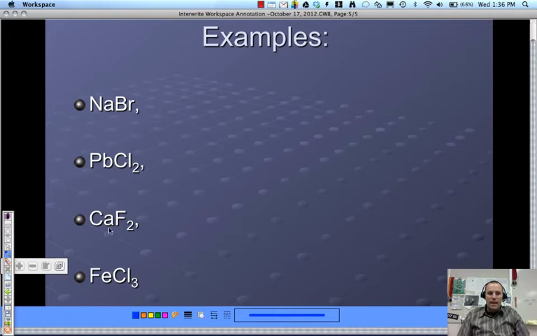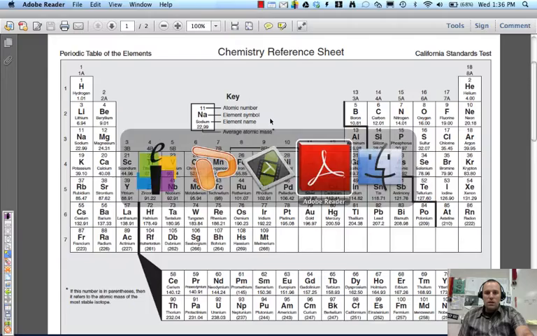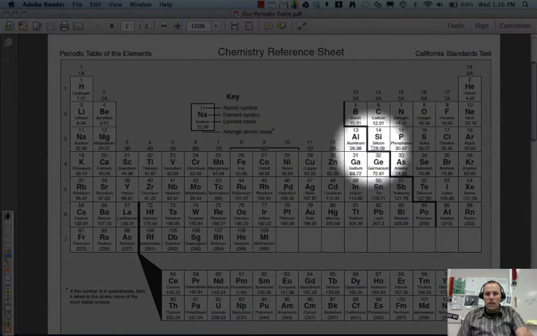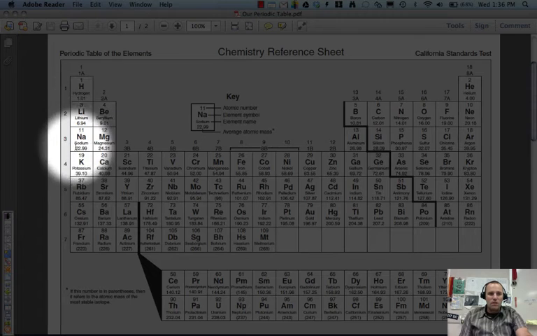Okay, so let's do some examples, all right, and follow our steps from the previous slide. So the first one, Na. Na, you just state the name, sodium, and then you decide whether or not you need a Roman numeral. Well, is sodium in groups 3 through 12 or in column 14? No, sodium is in column 1, which we know is always the 1+ column.